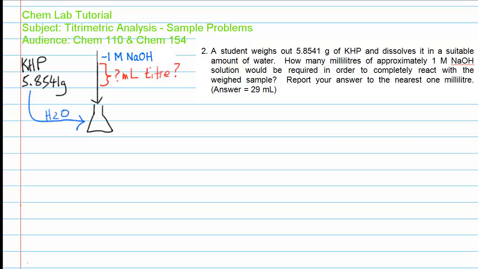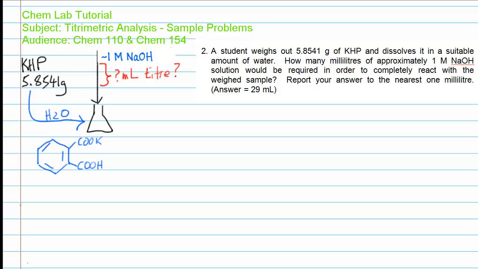So the solution given in the appendix in your lab manual uses the dimensional analysis type approach, so we'll do the same. Always begin, of course, by writing out the balanced equation for the reaction. So here we have potassium hydrogen phthalate. Structure looks like this. We have this benzene ring structure, and here we have a COOK group, and here we have a COOH group.